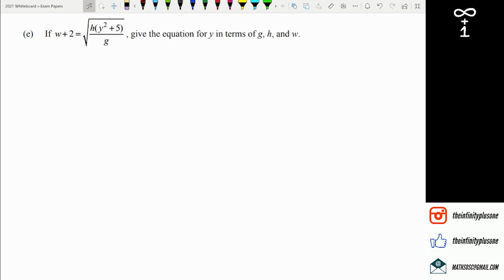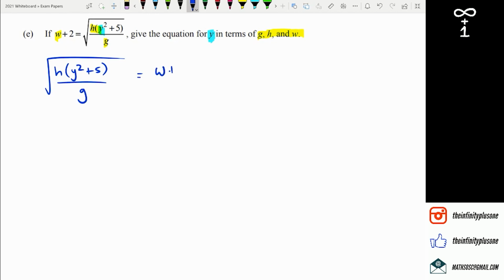All right. So in this one, what we're trying to do is we want to give the equation for y. So we want y by itself, and we do not want G H W on the same side as y. So I'm going to do it slightly differently. I'm going to rewrite it like this, because they are equal, I can do that.